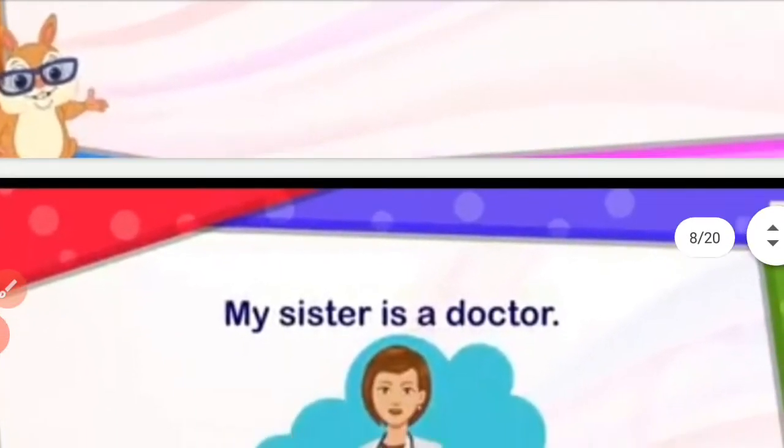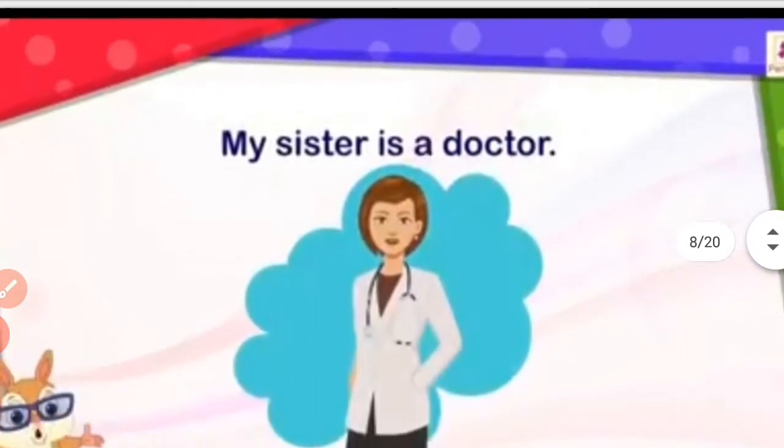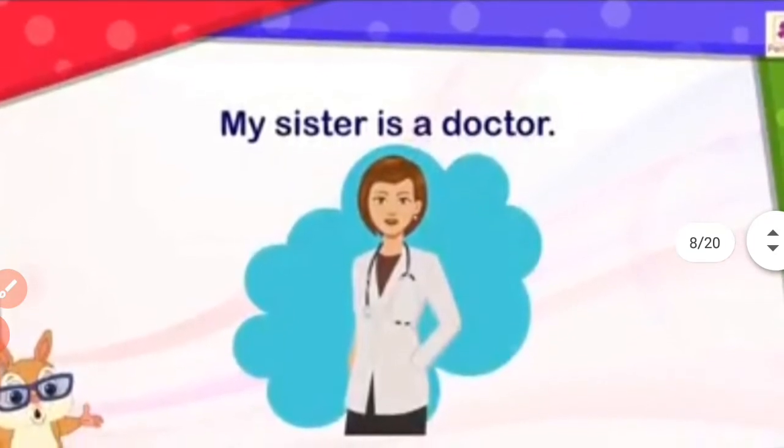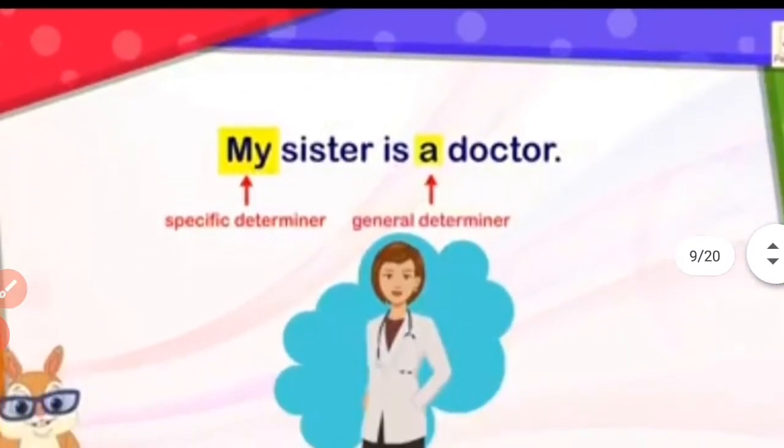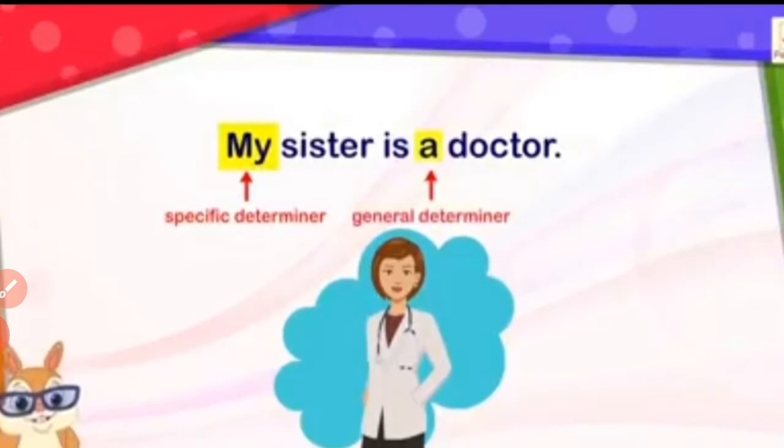नाउन के पहले ये लग के नाउन को पॉइंट आउट करता है कि ये स्पेसिफिक नाउन है या जनरल नाउन है. Like if I say that my sister is a doctor, now my, and you can see in this slide that the words my and a are colored with yellow.